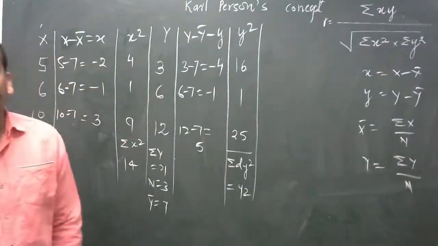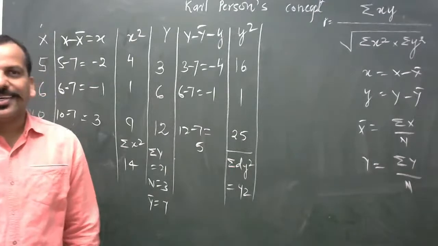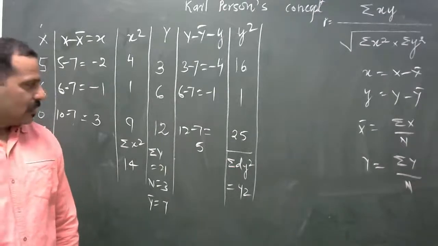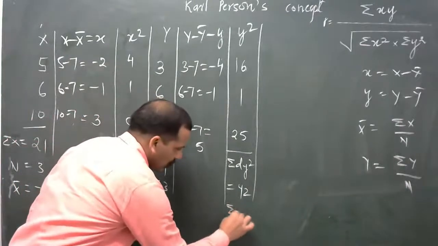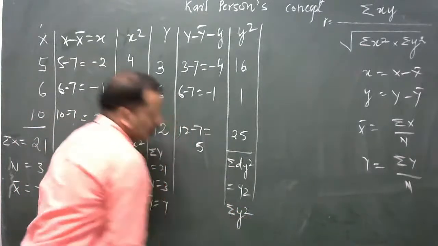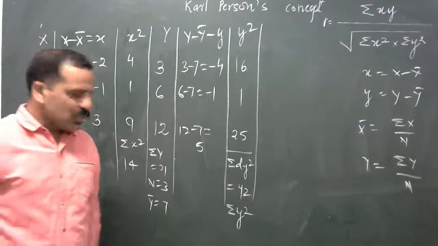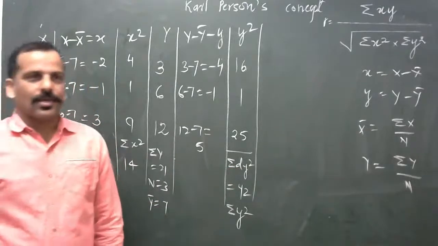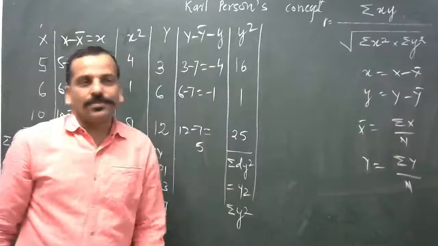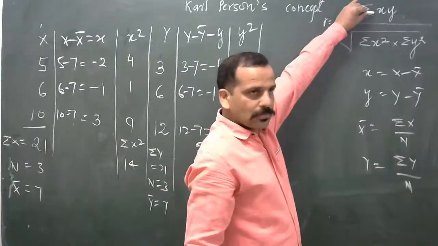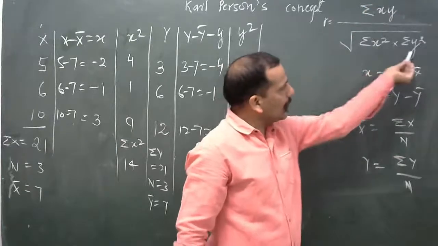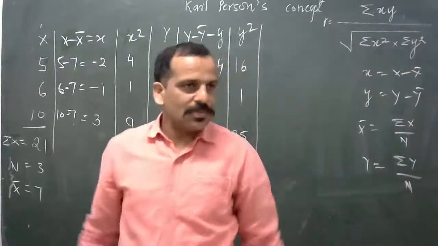Anything else? Sigma y square. So sigma y square and dy square, are they one and the same or different? Same. D for deviation. If I write D here, there would not be any difference.